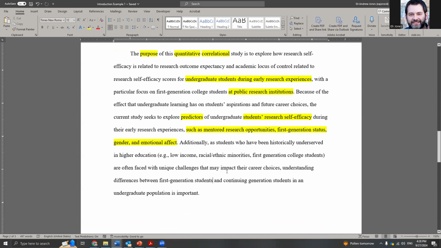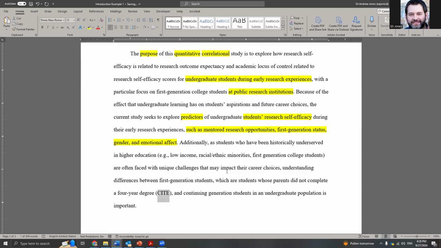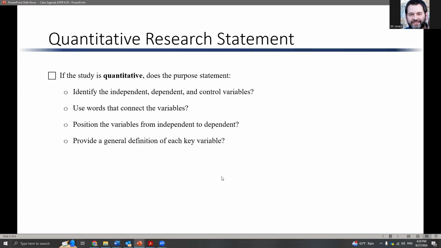Between first generation students, which are those who are students whose parents did not complete a 4-year degree. By the way, there's a citation. I can't remember it, but I'll remember that. Sometimes I put cite in here for myself to remember to go back and look it up and put it back in, because I do need to cite. That's a definition that I want to cite. And actually, there's a national definition that I found in one of the articles that everyone says this is what it is. So I put it in there. Okay. So there we go.